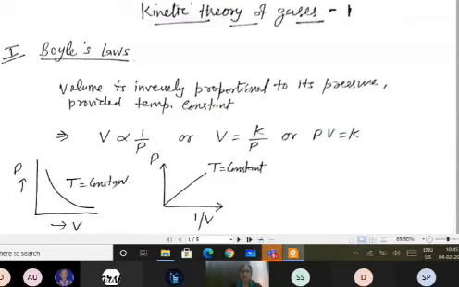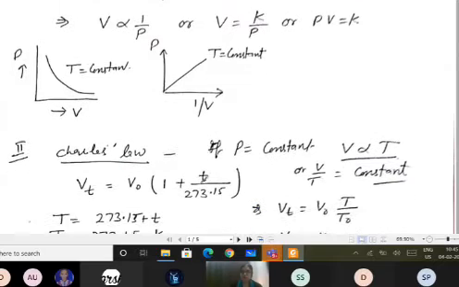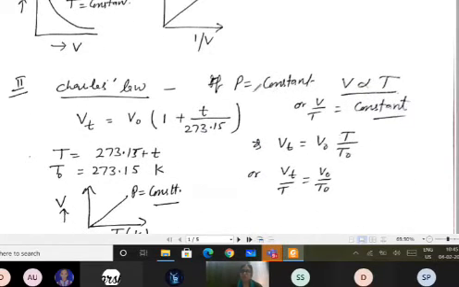If I go with the graph plotting, because an inverse relation is there, you will get a parabolic graph like this. And if I draw the graph for pressure and the inverse of the volume, then of course I will get a straight line with a slope. So graph plotting concepts should be clear. And Charles' law said that if pressure is kept constant, then volume is directly proportional to temperature.